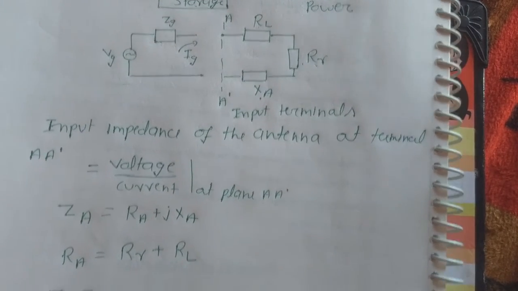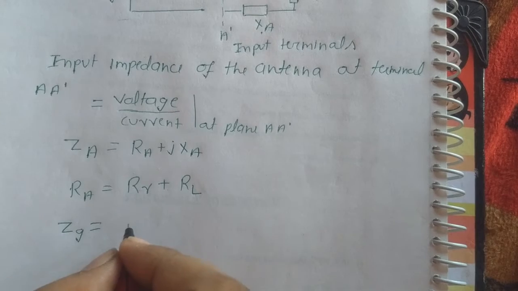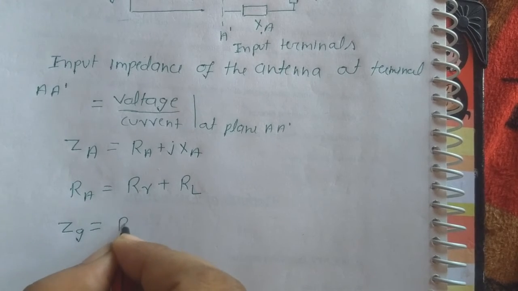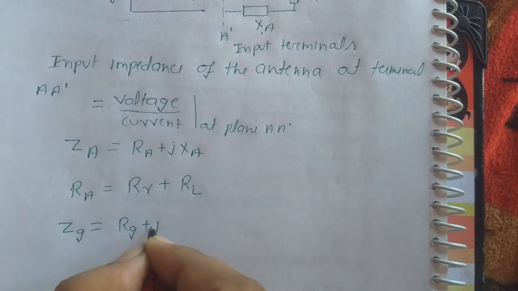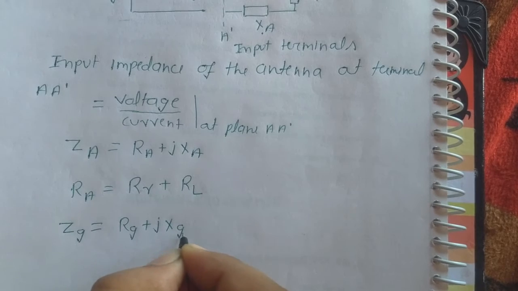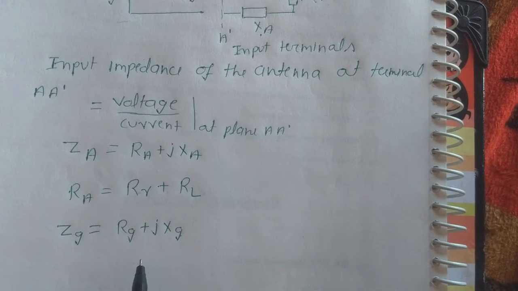Zg is the source impedance, which is equal to Rg plus jXg. This is the internal impedance of the source, or you can say Thevenin impedance of the source.